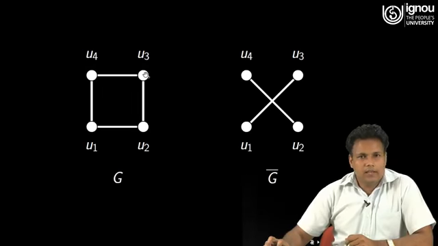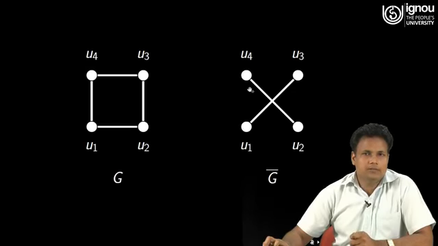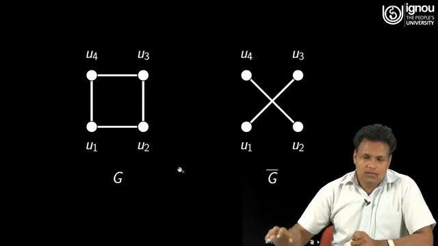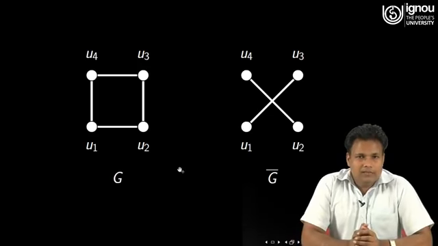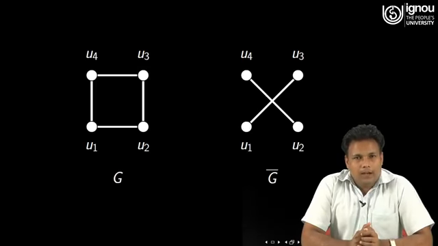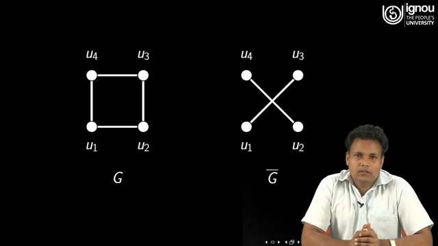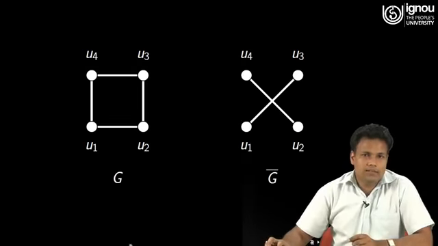So, these edges are part of G complement, U2U4 and U1U3. If you take the union of a graph and its complement, what you will get is the complete graph with the same vertex set as G.